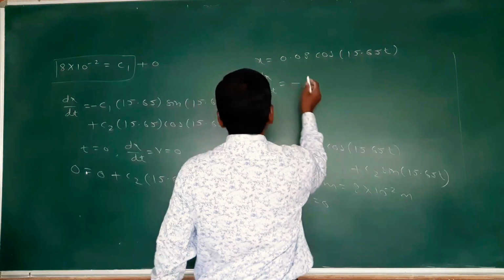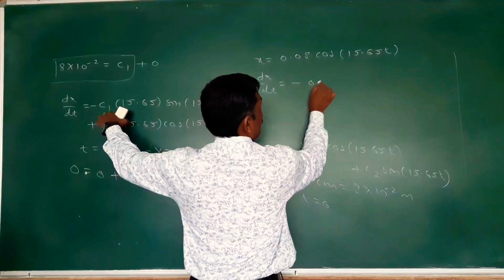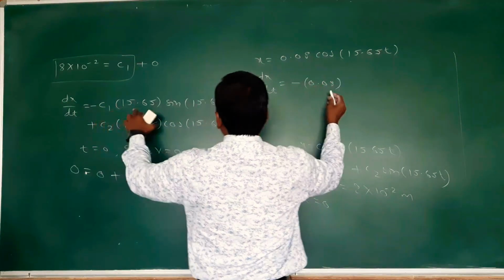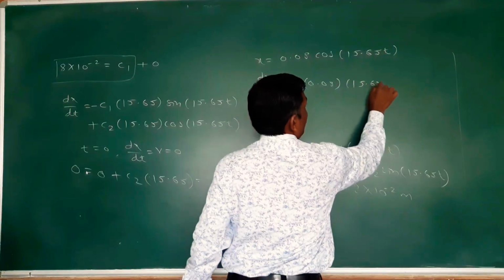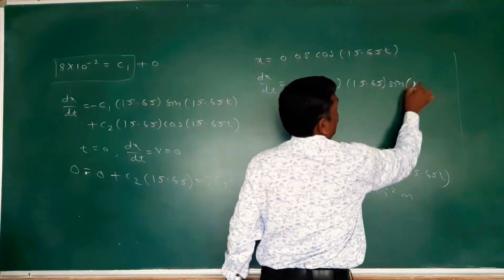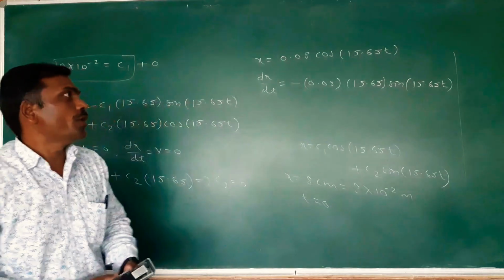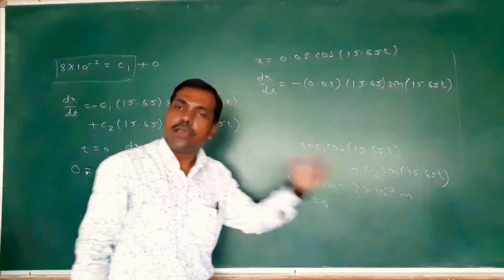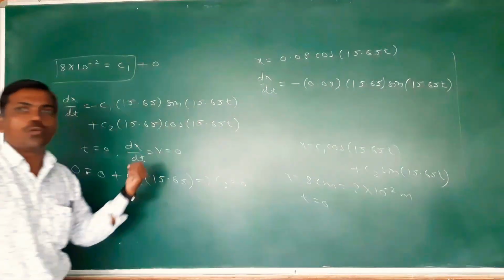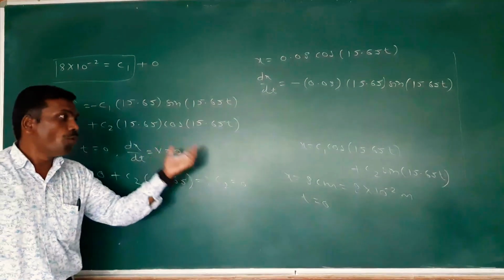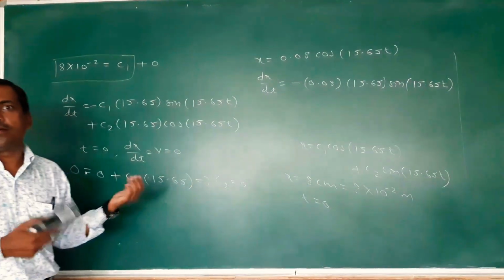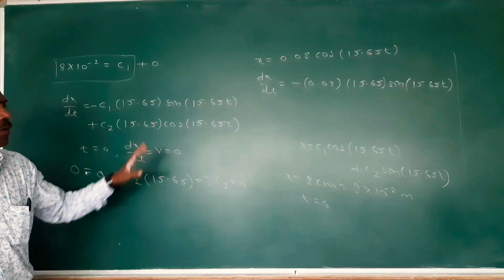So minus 0.08 into 15.65 sin 15.65t. Okay, you can do the calculation and find the answer. If there is some error in the calculation, you clear it on your own and tell me, comment on that.